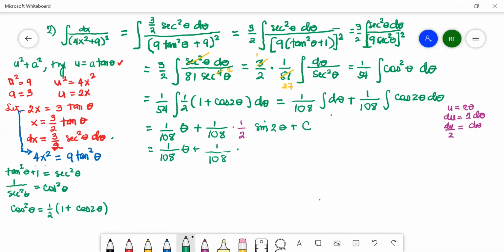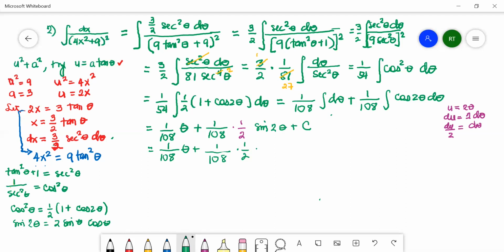And since we have 1/2 here, and sine of 2 theta is 2 sine of theta cosine of theta, recall the identity that sine of 2 theta is equal to 2 sine of theta cosine of theta. Why do we need to express this in terms of sine theta cosine of theta? Because we are going to refer again to a right triangle whose acute angle is theta.